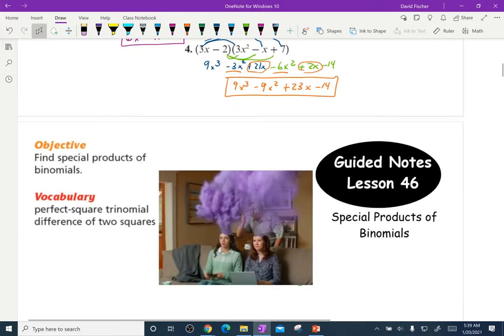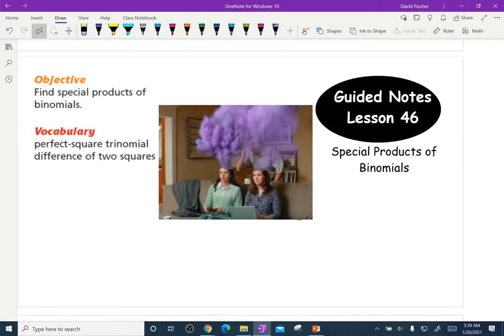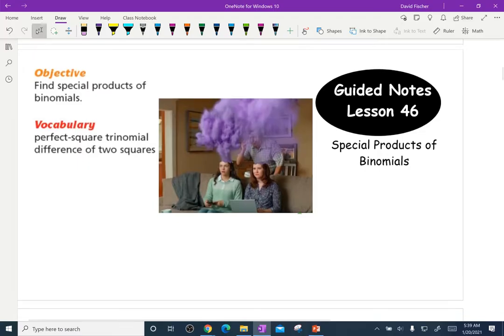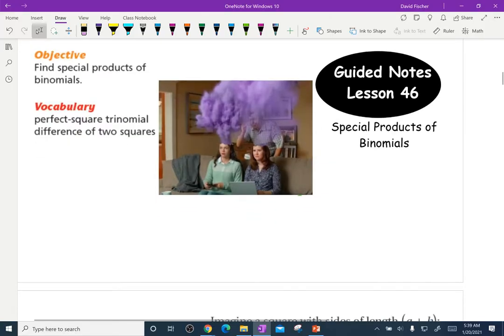Today we're working with some special binomials. And I'm surprised that kids last year maybe never saw it, but they don't remember this commercial. It was a couple years back that some kind of computer program came out. Everybody was kind of amazed at what it could do, and it kind of blew their mind. It was an interesting commercial where all these purple brains were blowing out like that.